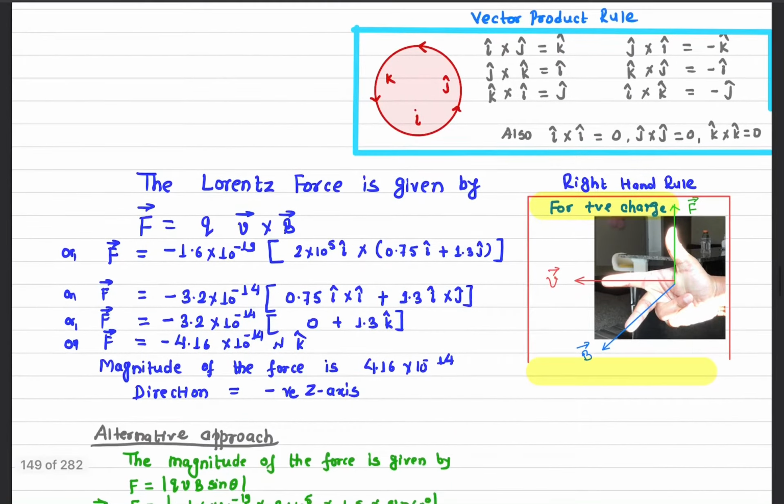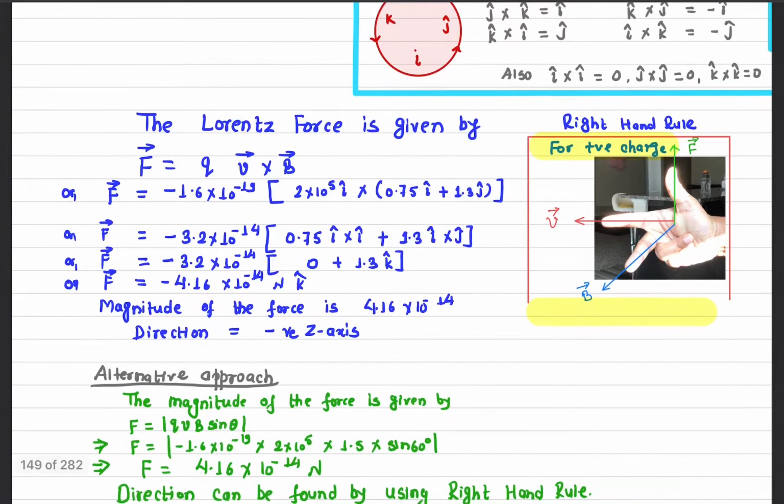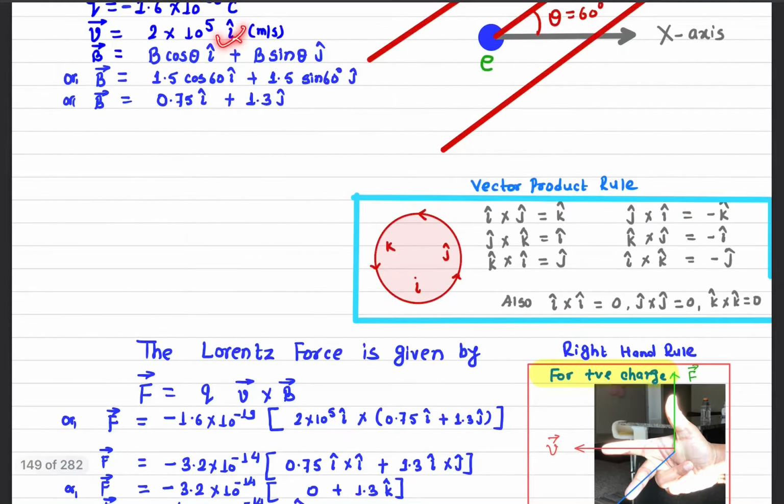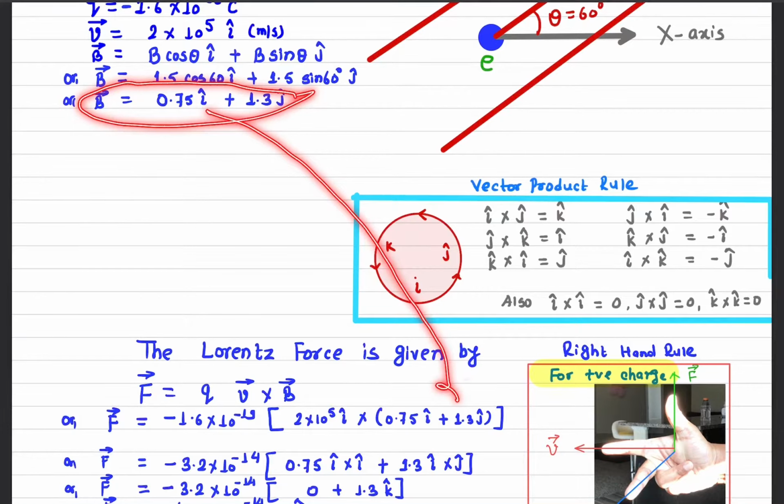So now let's apply the Lorentz force. The magnetic force is given by this equation. Q is given, that is negative 1.6 times 10 to the negative 19. The velocity vector is 2 times 10 to the 5 i vector, which I have written down here, and the magnetic field is this vector, 0.75 i plus 1.3 j vector.